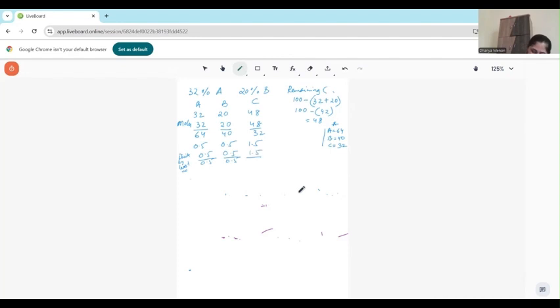This is 1, this is 1, and this is 3. So what will be the formula? A, B, C, 3. This is the formula. Okay, so these are the steps. Find out the number of moles, divide all the moles with the least number of moles. That will give you the formula, right?